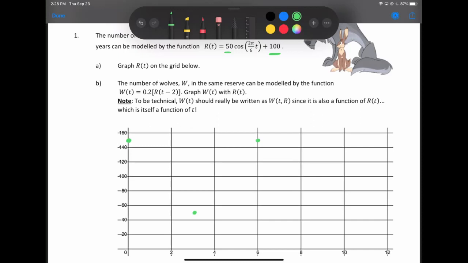I'm not going to worry too much about the details of making this graph perfect. We've got the right amplitude. We've got the right shift up and down. We've got the right period. I'm just going to draw it so it looks kind of like this. It should go through 100 at about 1.5 and 4.5, I think.